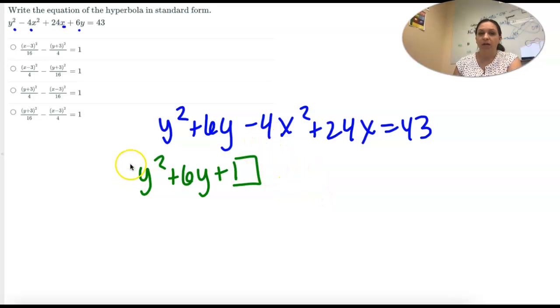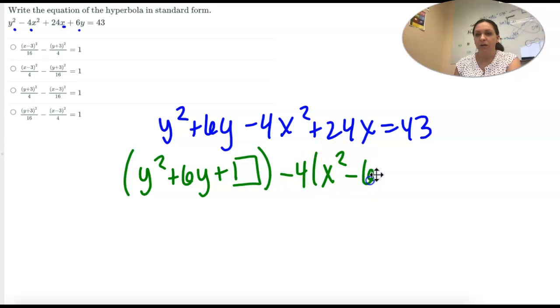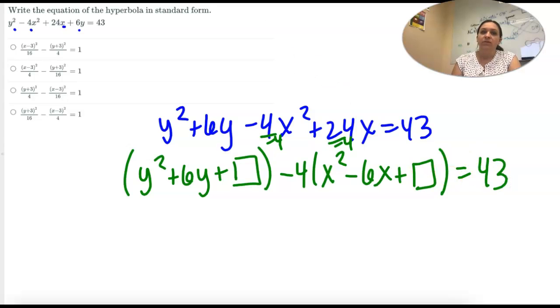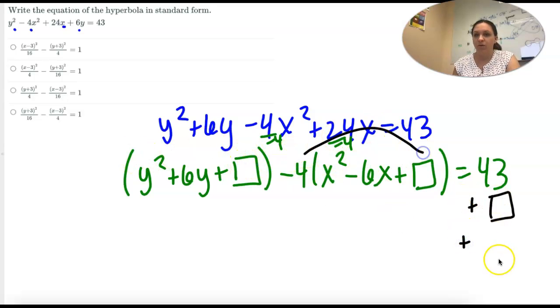But there is a -4 outside the x. We're going to take out a minus 4 from both of these, and then we'll add on a number, equals 43. So we're going to add the number that's here, and then add a negative 4 times whatever number's there.